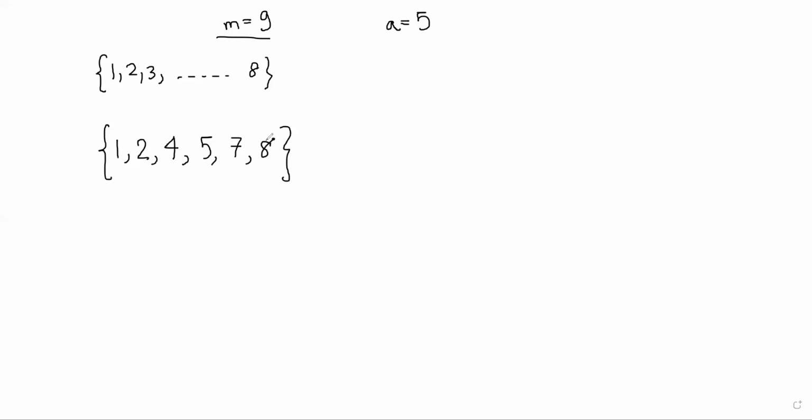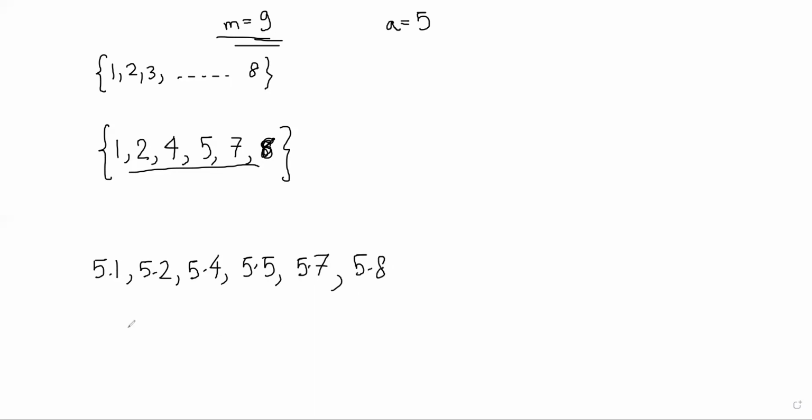These are the 6 remainders that are co-prime to 9. If you do 5 into 1, 5 into 2, 5 into 4, 5 into 5, 5 into 7, 5 into 8, we are getting 5, 1, 20 is 2, 25 is 7, 35 is 8, and 40 is 4.